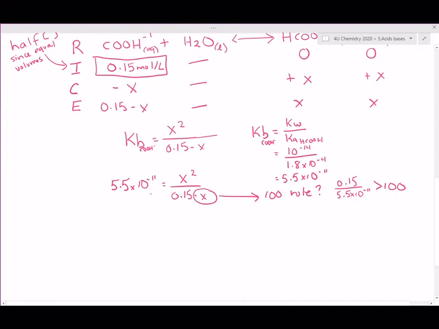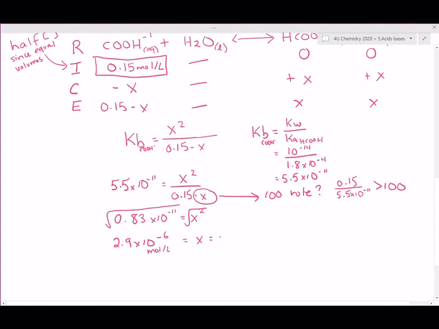So now we can expand this, 0.15 times 5.5 times 10 to the negative 11, 0.83 times 10 to the negative 11 is equal to x squared. Square root everything, and we have 2.9 times 10 to the negative 6.